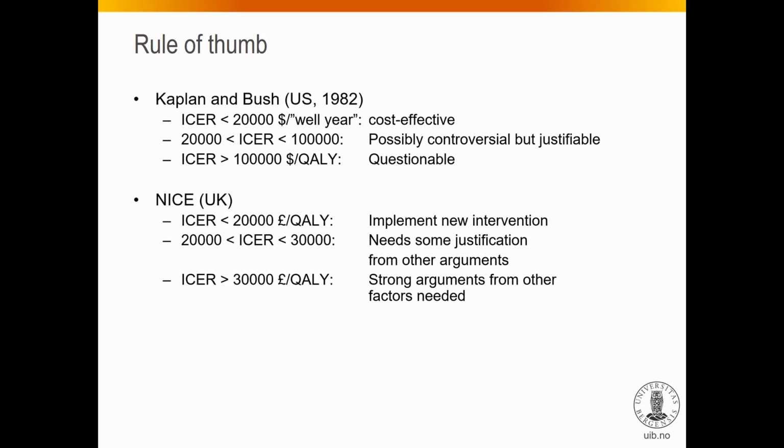So below £20,000 per QALY is considered cost effective and new interventions should be implemented. When the ICER is in the range 20 to 30,000 pounds per QALY, some additional arguments are required, and when the ICER is higher than 30,000 pounds per QALY, the additional arguments need to be strong.